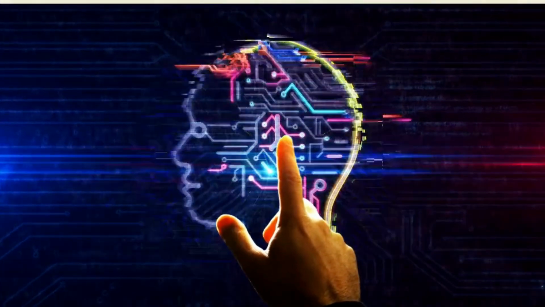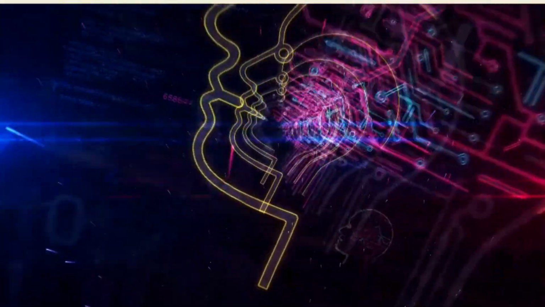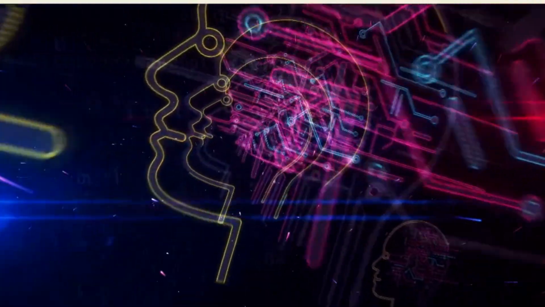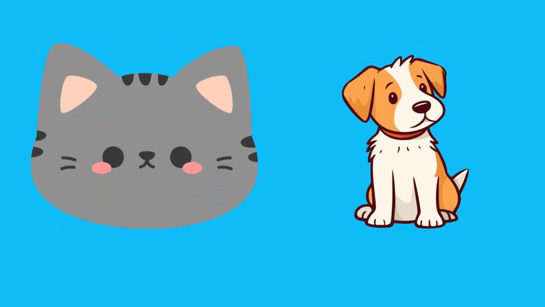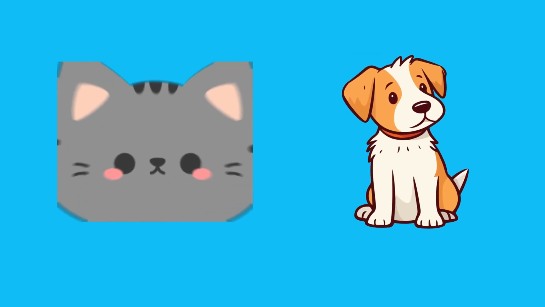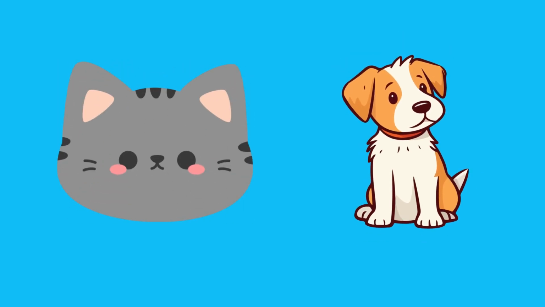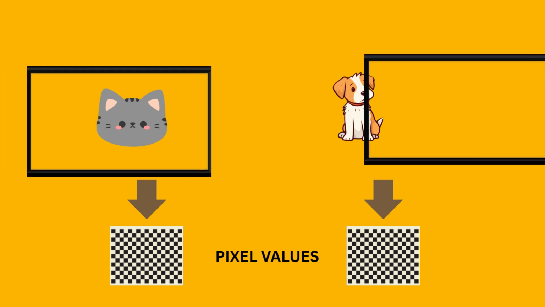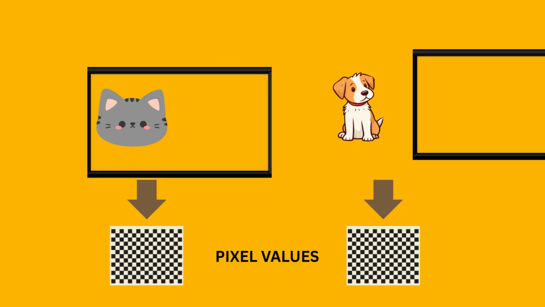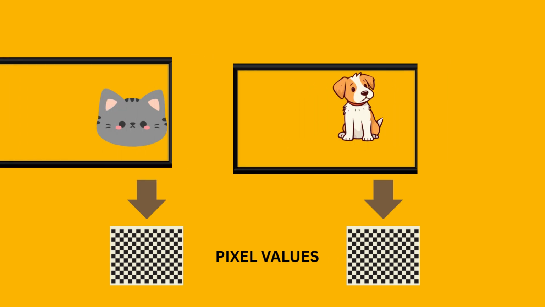Let's take a practical example. Say we want to build a neural network that can tell whether an image is a cat or a dog. Simple enough, right? Here is how it all works. The input layer is where the magic begins. It takes in the raw data. In our example, each image might be converted into pixel values, the numbers representing colors.